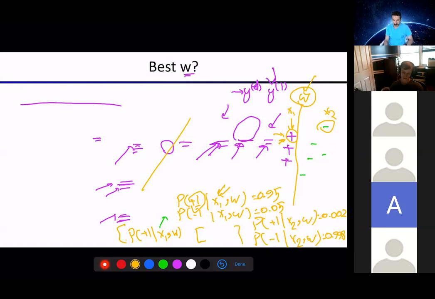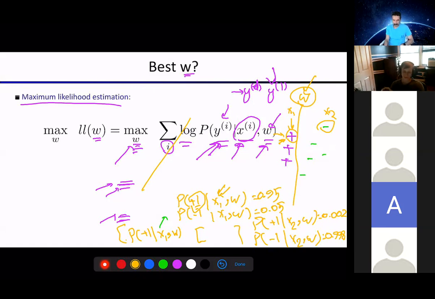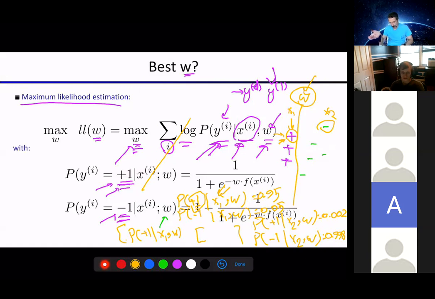We want to maximize this likelihood. We want to go over all examples and find the W that really maximizes the likelihood of these conditional probabilities. That's the way you could think about it.